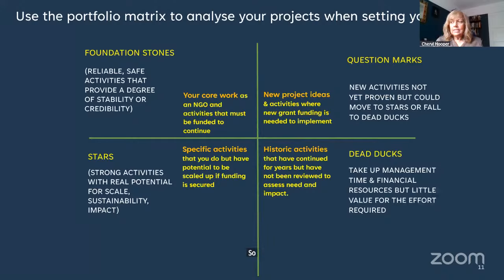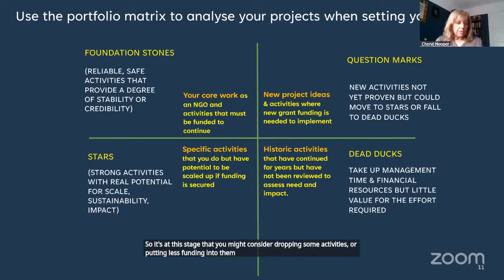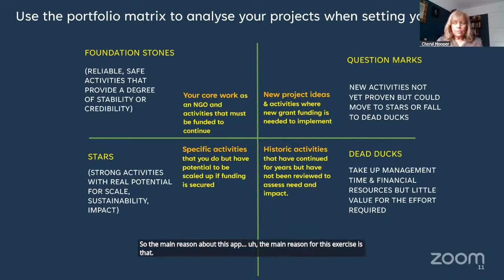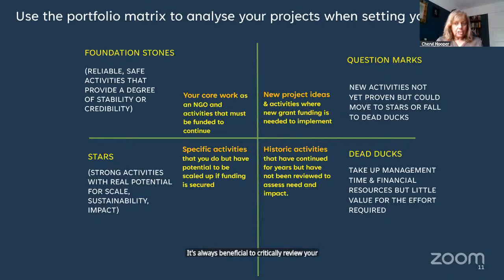It's at this stage that you might consider dropping some activities or putting less funding into them, especially if you're finding funding difficult. The main reason for this exercise is that it's always beneficial to critically review your projects each year and assess their impact rather than just continuing with them year after year after year.